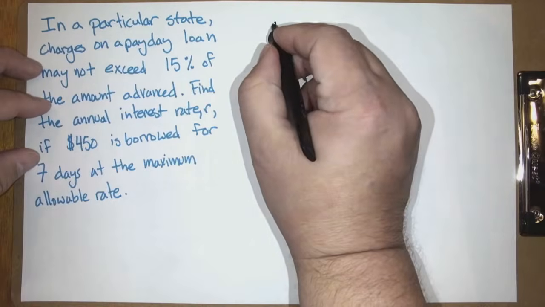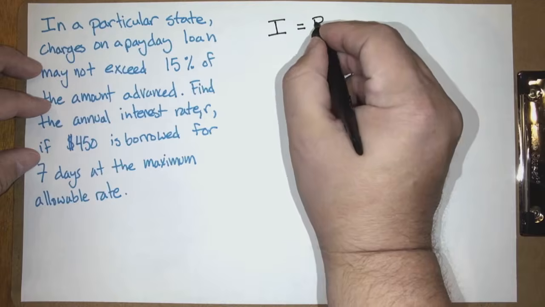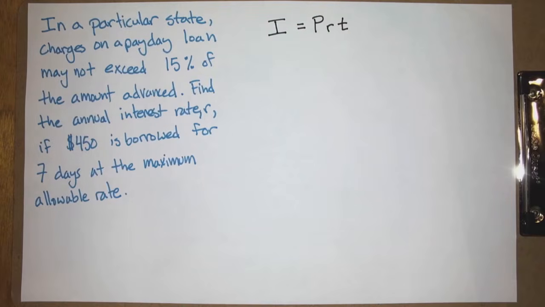We can say the interest is equal to P, R, and T. So the amount of interest you're charged, and in this case, we're thinking of interest in terms of the fee to borrow the money, is equal to P, the principal, that's the amount borrowed, times the interest rate times time.